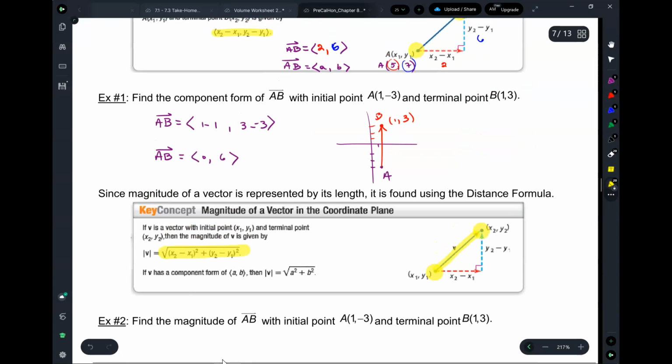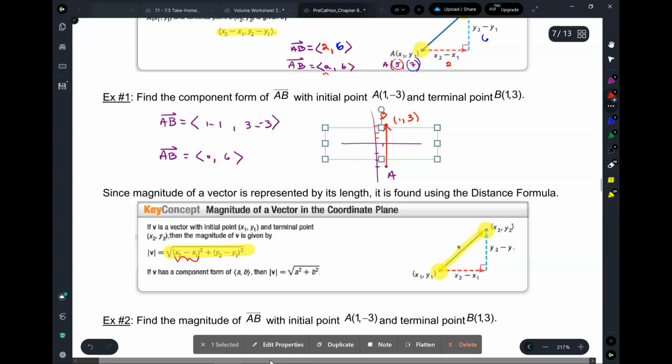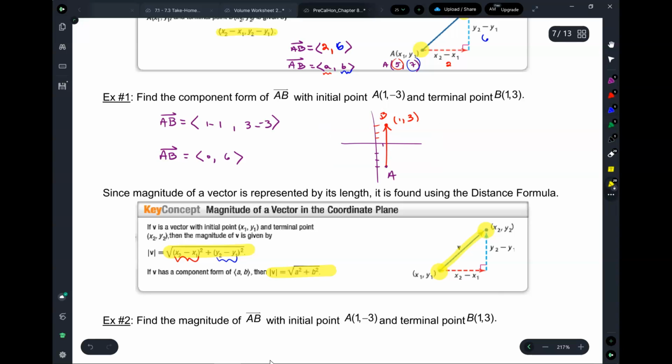But what did we just say x2 minus x1 was? It's that a component. And y2 minus y1? That b component. So another way of writing this formula is, if you have the component form of the vector, you could just do the square root of a squared plus b squared.